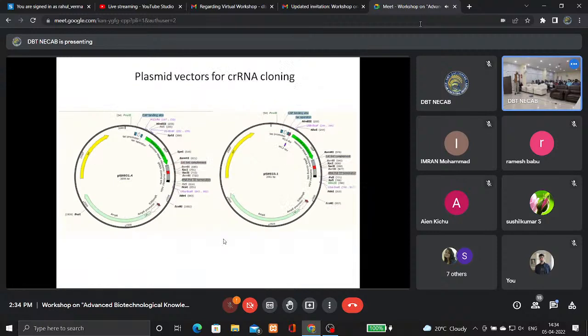This is another vector system I used, which is flanked by the same Oryza sativa U3 and U6 promoters, but here it contains some viral ribozyme motifs. One contains the hammerhead ribozyme, the other the hepatitis delta virus ribozyme.